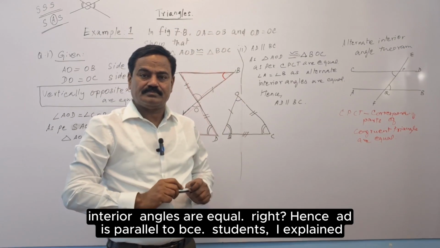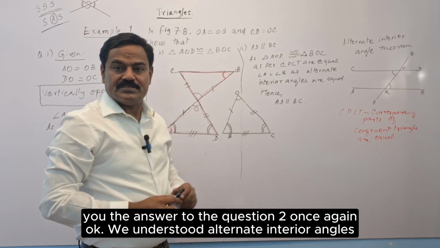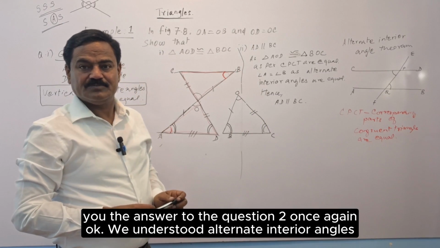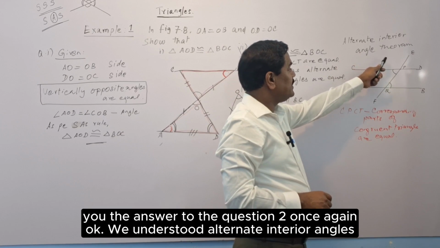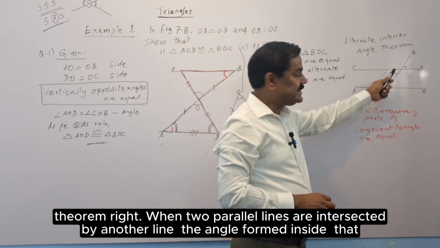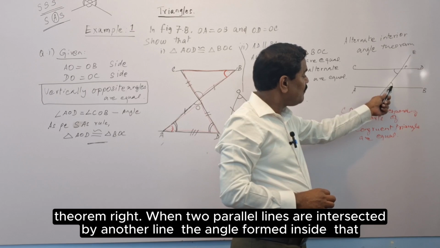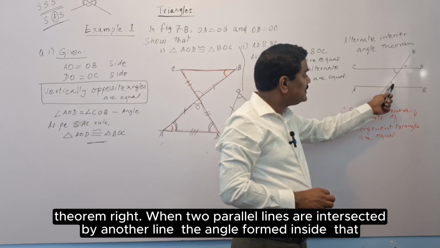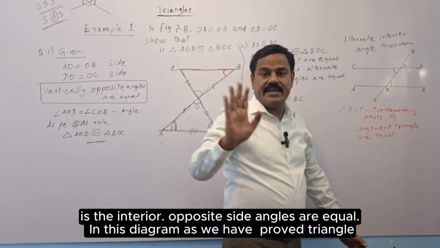Dear students, I'll explain you the answer to the question 2 once again. Okay, we understood alternate interior angles theorem, right? When two parallel lines are intersected by another line, the angles formed inside, that is the interior opposite side angles, are equal.